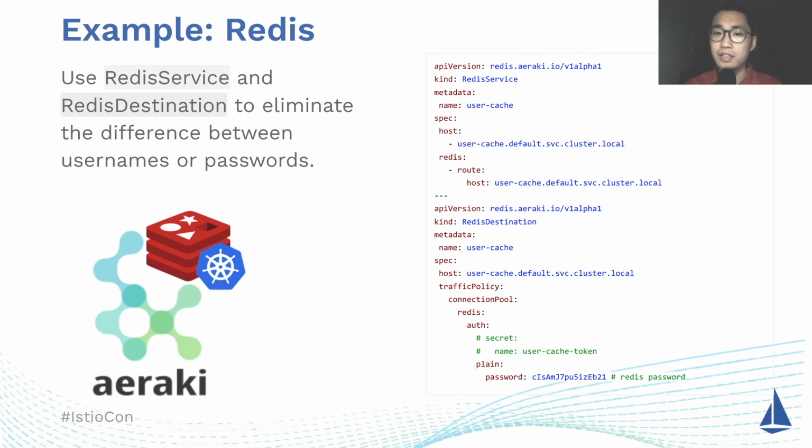And you can also use a Kubernetes secret here to store your Redis password instead of the plain Redis password here, maybe for more safety. And if you are using a Redis operator, this can be created automatically.